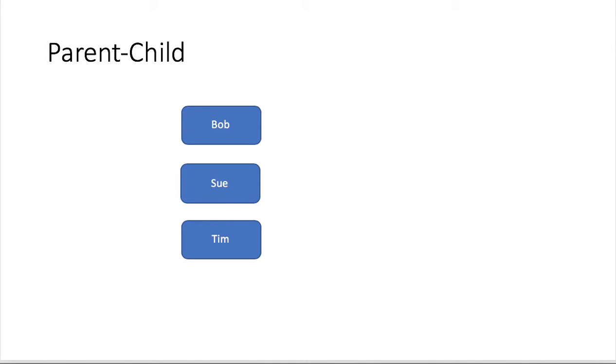Now there's another one named Jeff, and Jeff reports directly to Bob, the guy at the top. So that means Jeff and Sue are at the same level. Bob's at the top, Jeff and Sue are at the second level, and Tim is on the third level. Now we have 3 different levels.